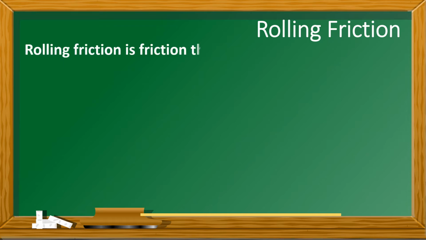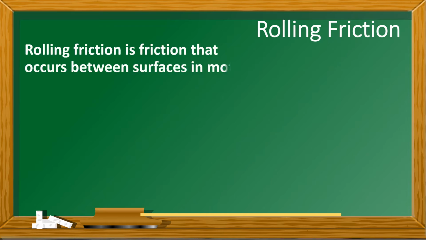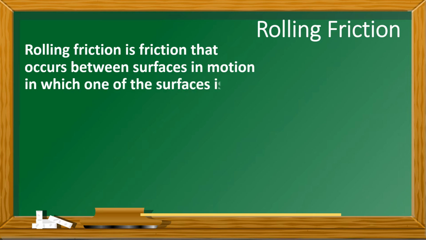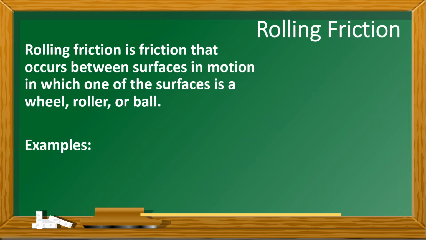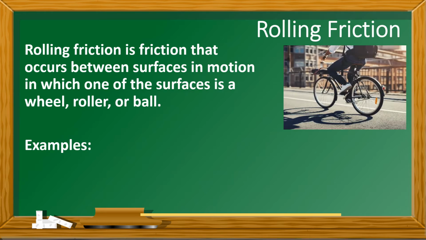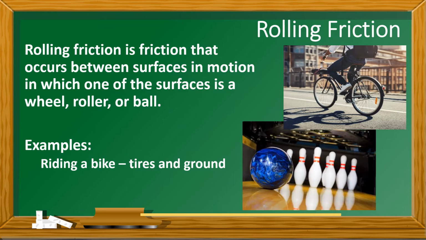Rolling friction is the friction that occurs between surfaces in motion in which one of the surfaces is a wheel, roller, or ball. Examples of this are bicycling or riding a bike, in which the friction is between the tires and the ground. Another example is bowling. In bowling, the friction is between the ball and the lane.